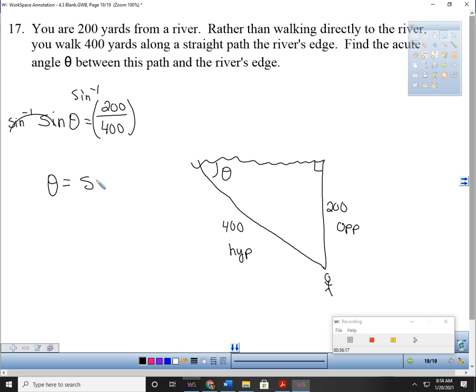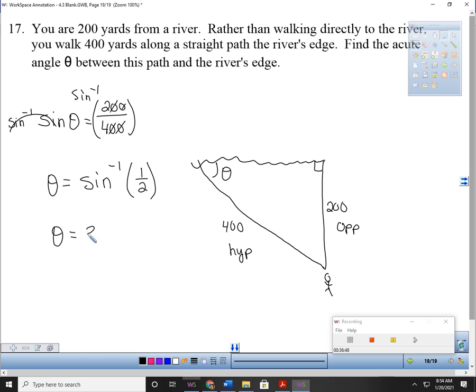And so in my calculator, I'm just going to be plugging this in. And actually, if you wanted to reduce that, you could, to 2 over 4, which is the same thing as 1/2. Another way of thinking of this is, what angle has a sine of 1/2? And so that's going to be kind of interesting. So to get the sine inverse, you would press the second button and then the sine button.